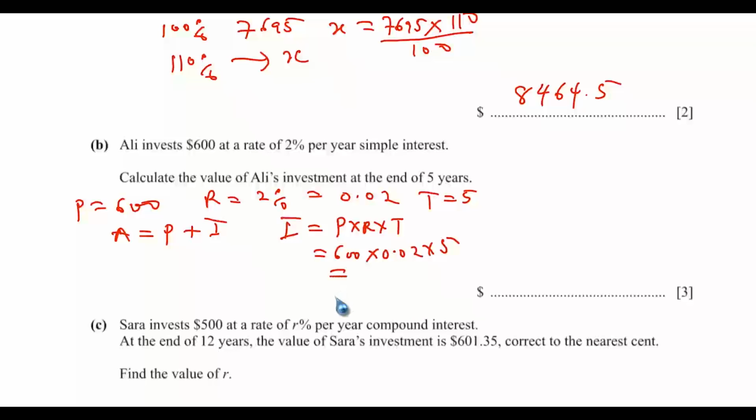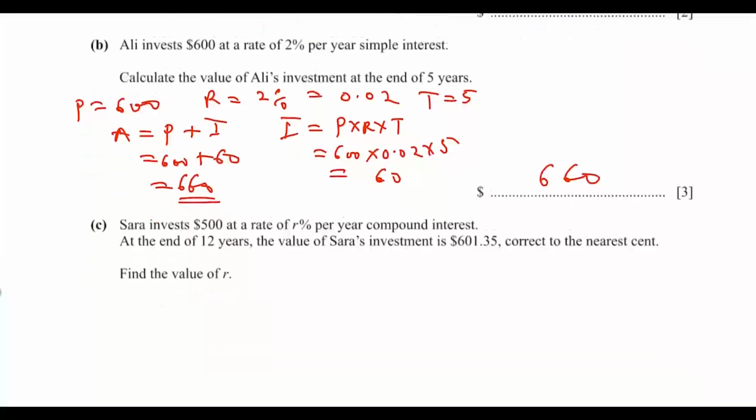If you input this into your calculator, the interest will be $60. Now the amount will be principal, which is 600, add the interest, that will be 60. Then we have 660 as the amount. So this is going to be $660.